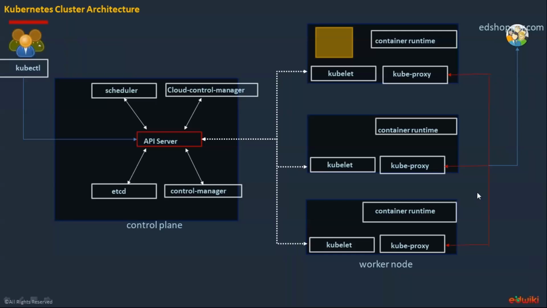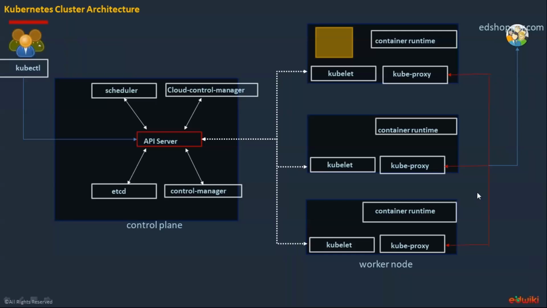When you create a worker node, the kubelet should go and register with the API server: hey, this is my IP address, this is the information about me, please register me. That's how each worker node should register to the API server.